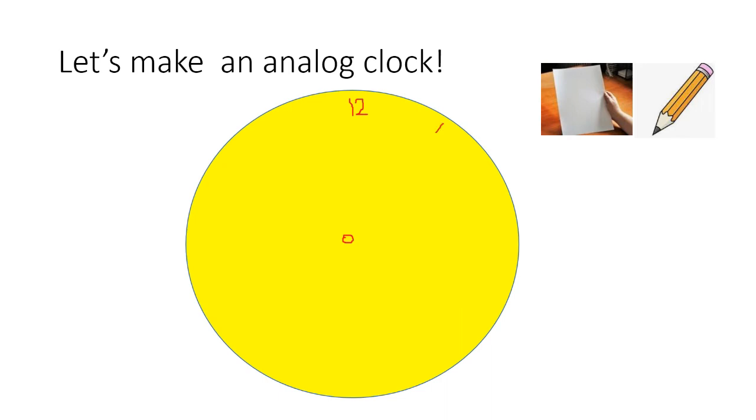Here is 1, 2, and here is 3, here is 4, here is 5, here in the middle is 6, here is 7.